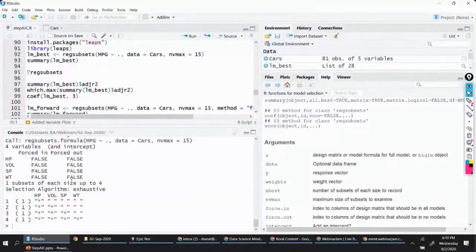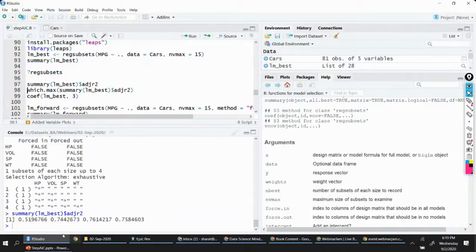One subsets of each size up to 4 selection algorithm. We did exhaustive algorithm. This is by default considered, and we are looking at adjusted R-squared values now. For that model, we are reading the adjusted R-squared values. And you can see this has the highest value, right? Which max?